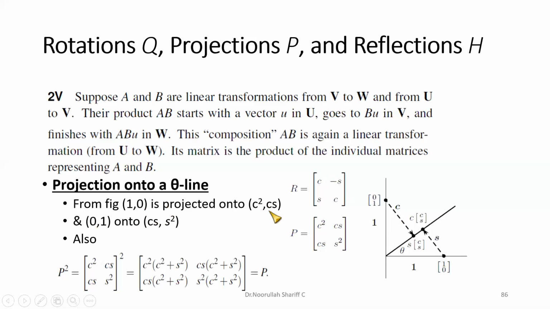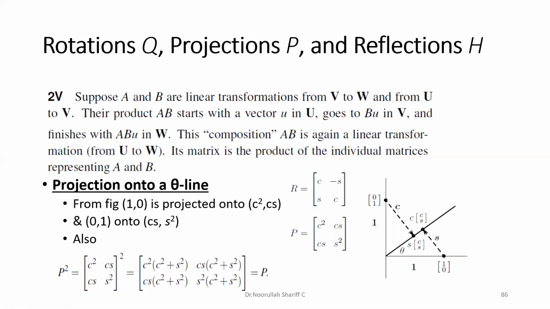If we take the square of this P, we get a matrix something like this, where C square plus S square is equal to 1, and hence we get back the original P. That means if we project a line twice, we get the same projection.